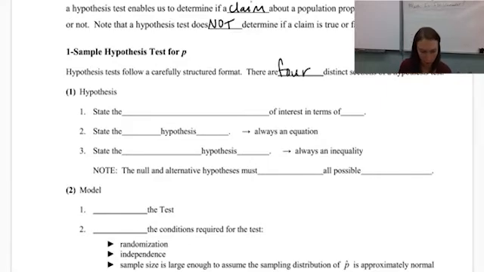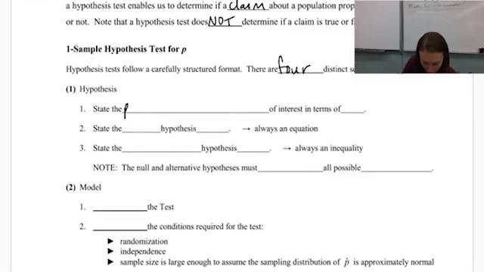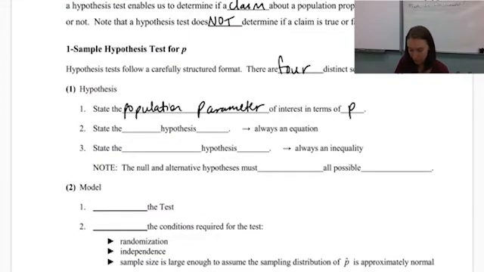The first one, we have to state the population parameter of interest in terms of P. So we have to define P. Next, we have to state the null hypothesis, which is H sub 0, which is always an equation.